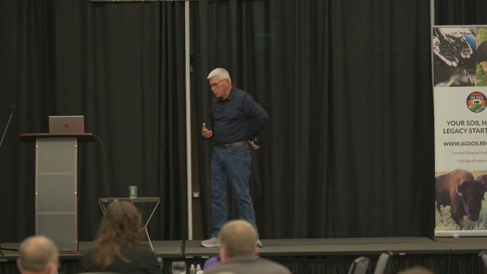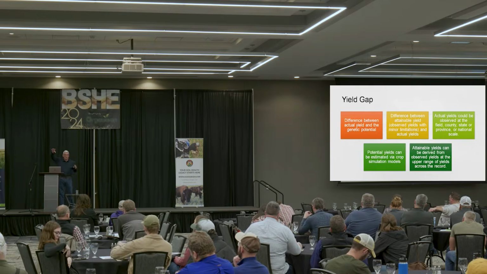The other 2 pieces are related to rainfall. The more it rains in the spring, the higher the yield gap, and the less it rains in July and August, the larger the yield gap. So all of those give us different dynamics, and I spent a lot of time looking at this because they do give us that difference between what we're actually getting and the potential yield out there.